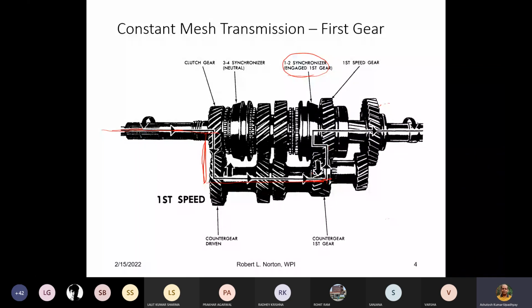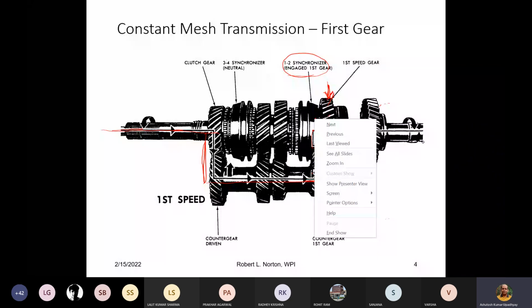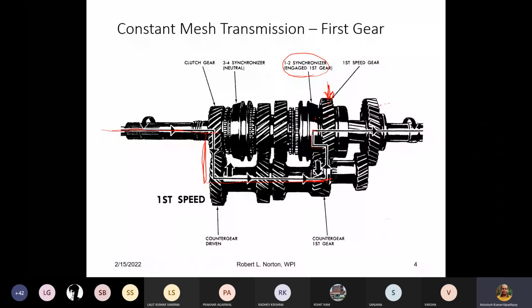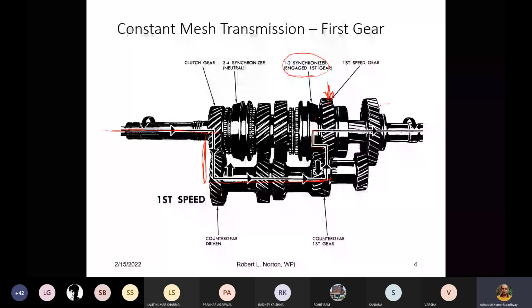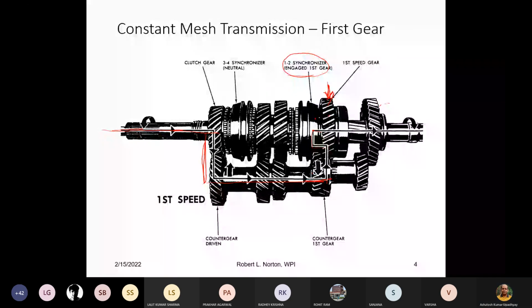That is why the power flow is shown through the synchronizer, because the synchronizer will connect the main shaft to this particular gear. Since this gear is always in motion, the motion will be transmitted to the synchronizer, and then it will be transferred to the main shaft.